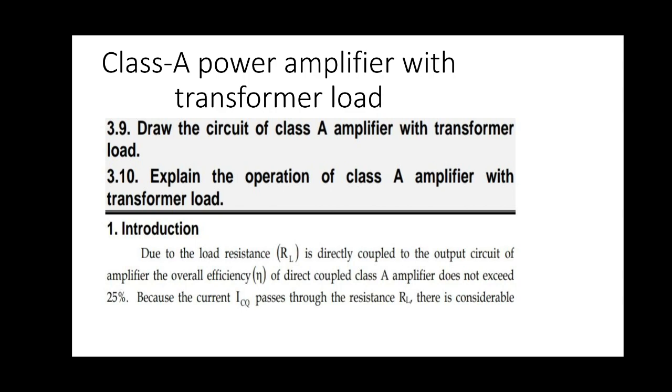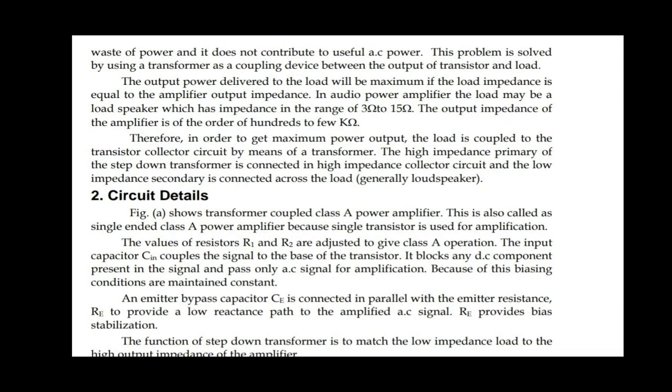Because the load resistance RL is directly coupled to the output circuit of the amplifier, the overall efficiency of the direct coupled class A amplifier does not exceed 25%. Because the current IC passes through resistor RL, there is waste of power.